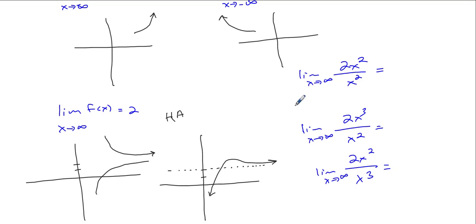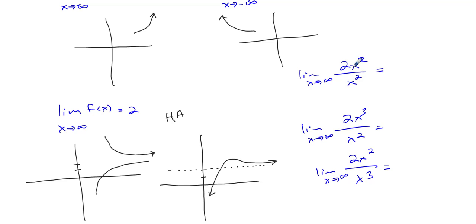All right, moving along for the essence of time. This is going to be later also, but let's go over it now. Okay, limit as x goes to infinity of 2x squared over x squared. Think about this, guys. Plug in a big number on top, big number on bottom.